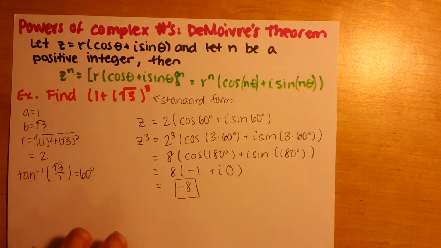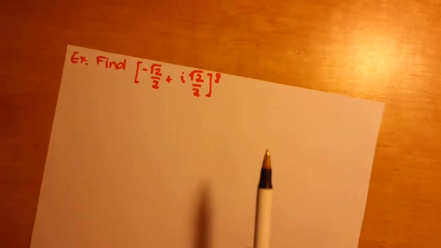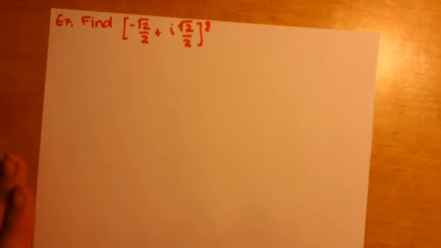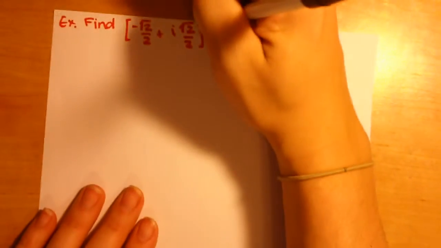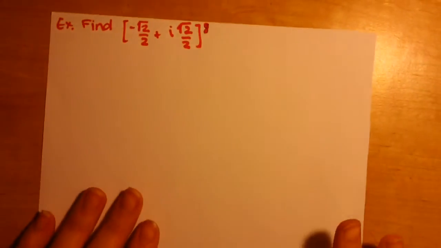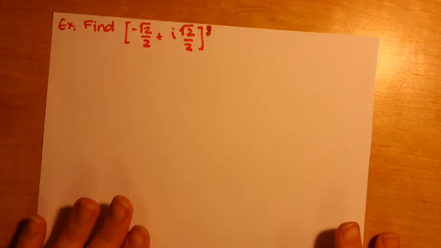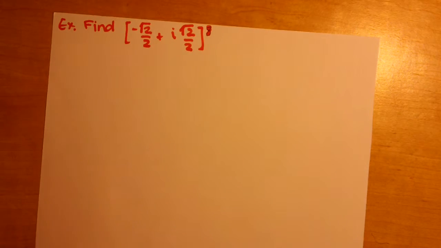It gets especially tedious when you have higher powers. So this one, you really would not want to multiply these out. So the power of 8. Okay? So for this one, we're going to again convert to trig form. So we have A equals negative square root of 2 over 2. B equals square root of 2 over 2.